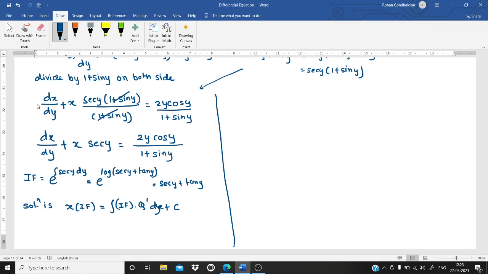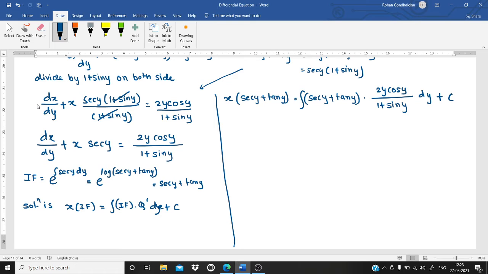So here x (sec y + tan y) equals the integral of (sec y + tan y) times 2y cos y upon 1 + sin y dy, plus c. Now how to solve this integral?